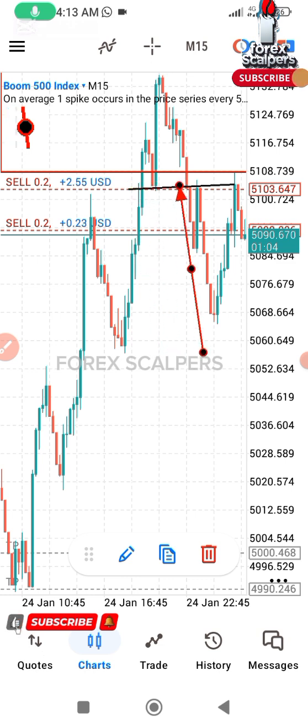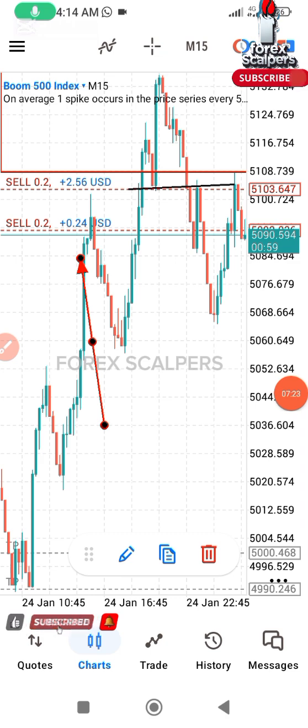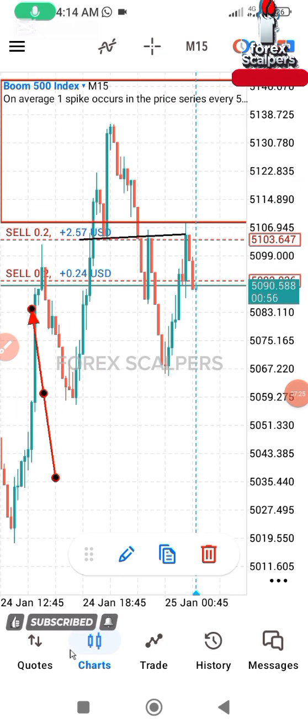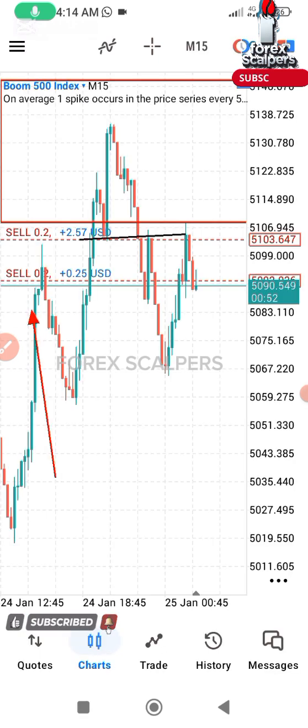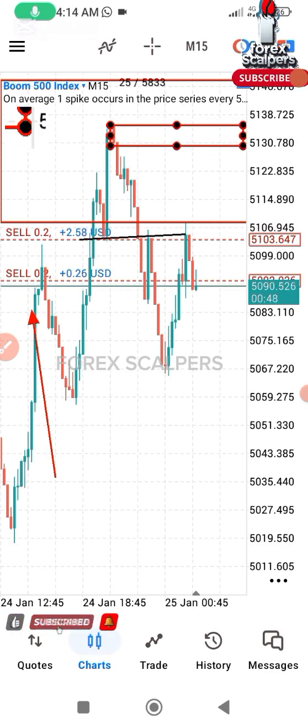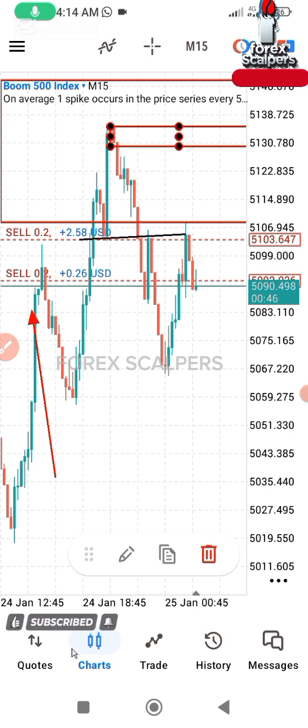And since we had this break of structure, we will now mark out our point of interest on this lower time frame, because we are obviously looking for an opportunity for us to sell. First is our order block. We had this order block on the lower time frame that we have marked out.